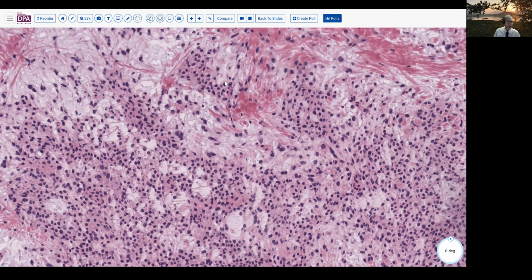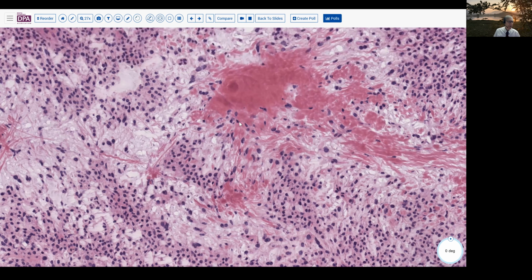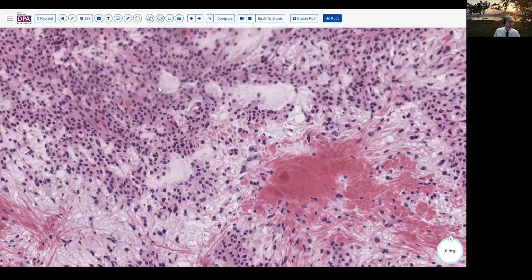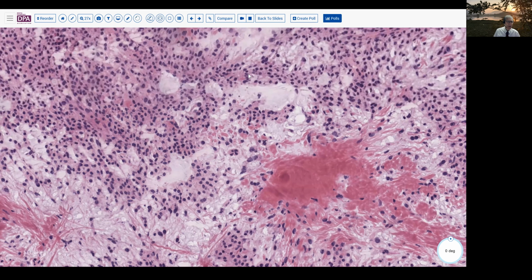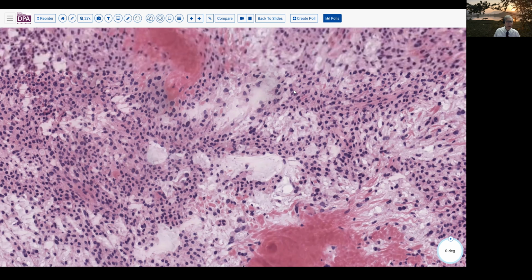With this dense fibrous tissue, we were wondering about various stromal neoplasms, perhaps a degenerative fibroma. But this seemed a little bit too cellular for most conventional fibromas. We wondered about sex cord stromal tumors, and again, didn't see any evidence of luteinized cells or any specific tubule formation.